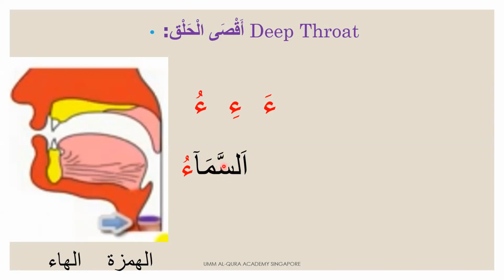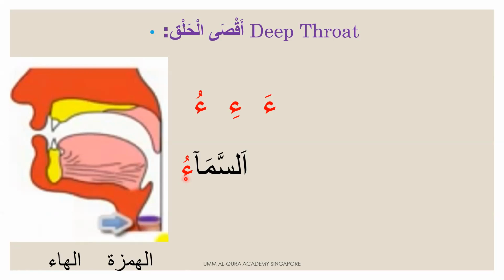For example, if you put a shadda on this seen, you emphasize the letter. You give some pressure and time and pronounce the letter: assa, assa.